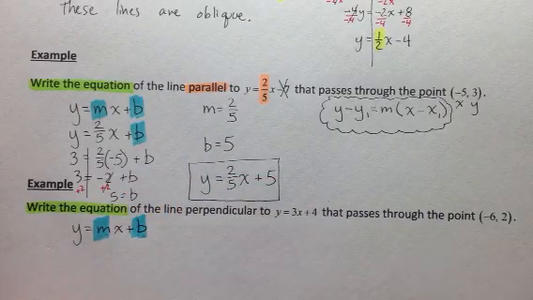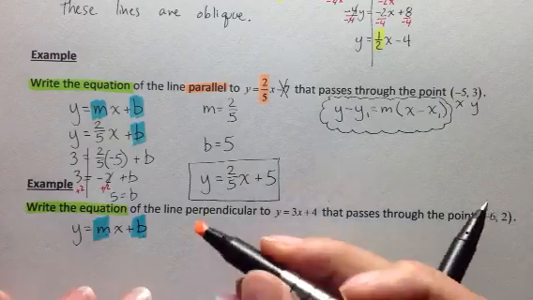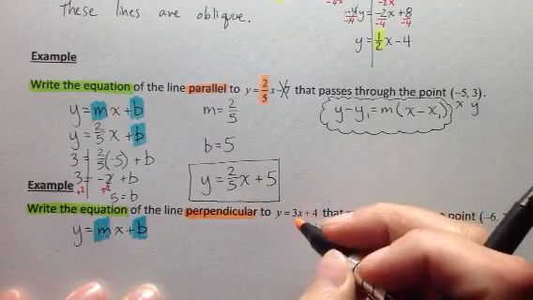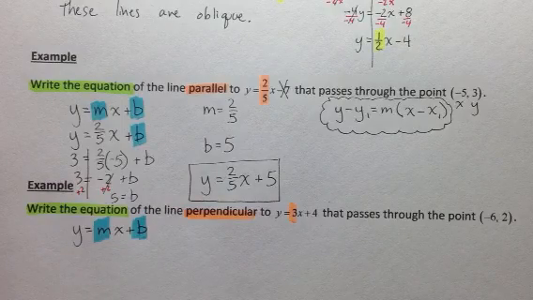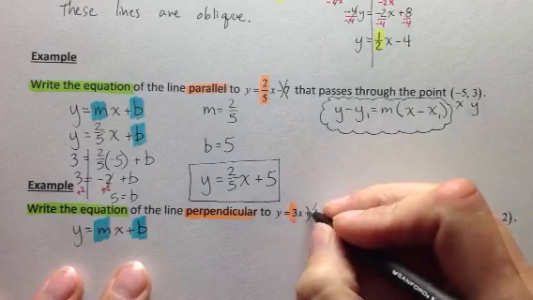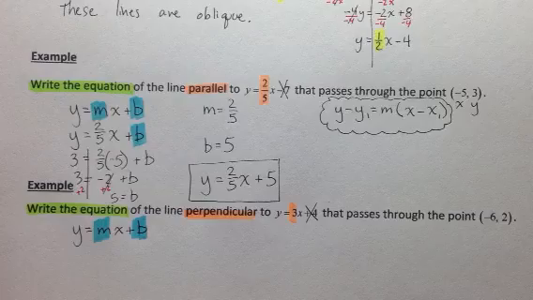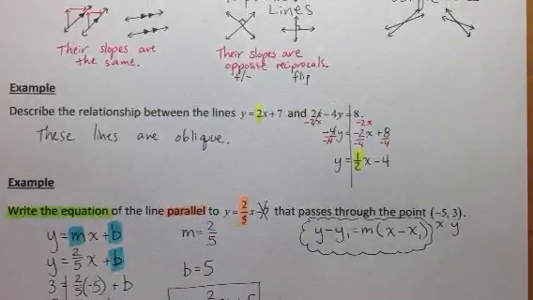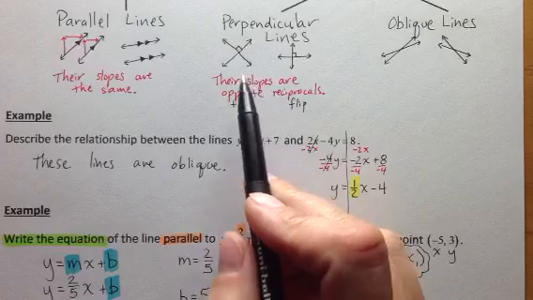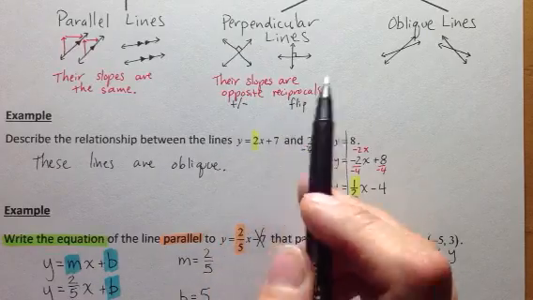Alright, what else did they give me here? Okay, they gave me a line perpendicular to this line, and it's in slope-intercept form so I can see the slope is 3. Now again, I don't care about the y-intercept. That's not useful to me at all. Now, perpendicular lines, they don't have the same slope, so I gotta do a little work here. Perpendicular lines, their slopes are opposite reciprocals.